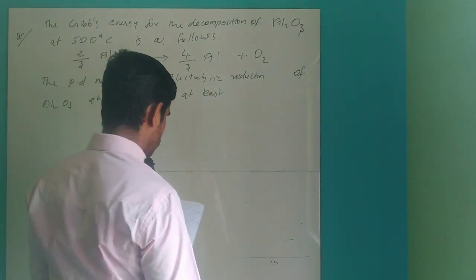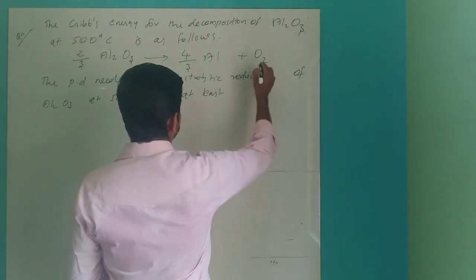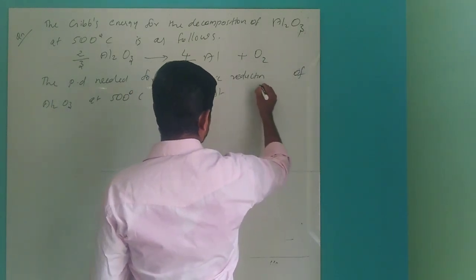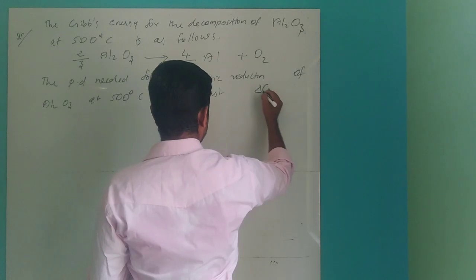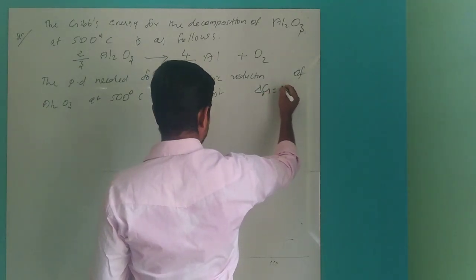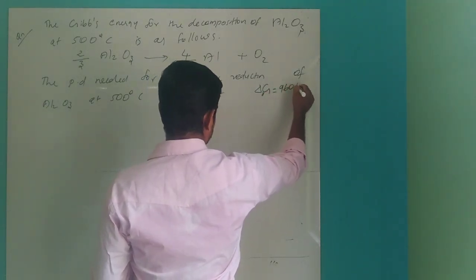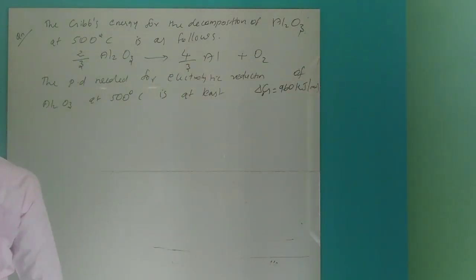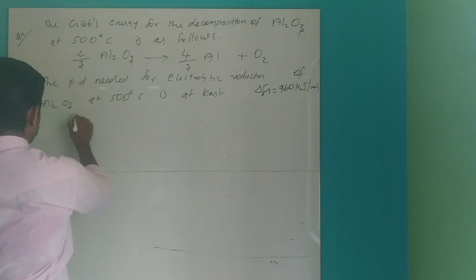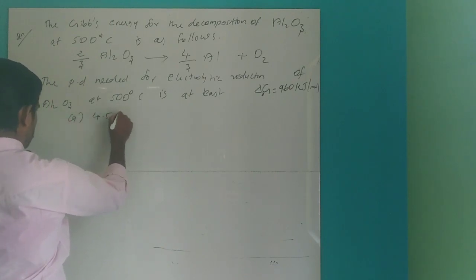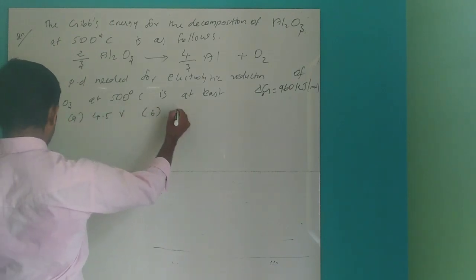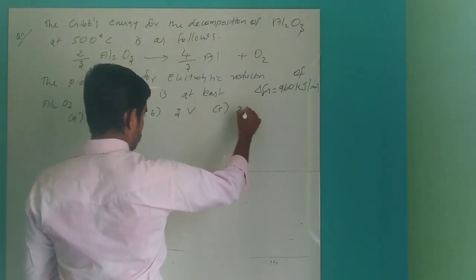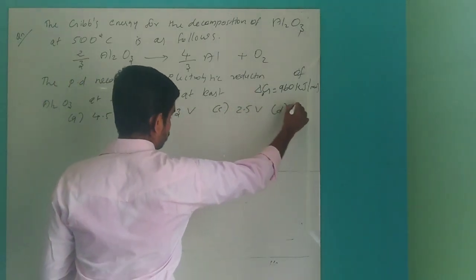For this reaction the Gibbs free energy is given as delta G of reaction equal to 960 kilojoule per mole. What are the options? Option A 4.5 volt, option B 3 volt, option C 2.5 volt, and option D 5 volt.